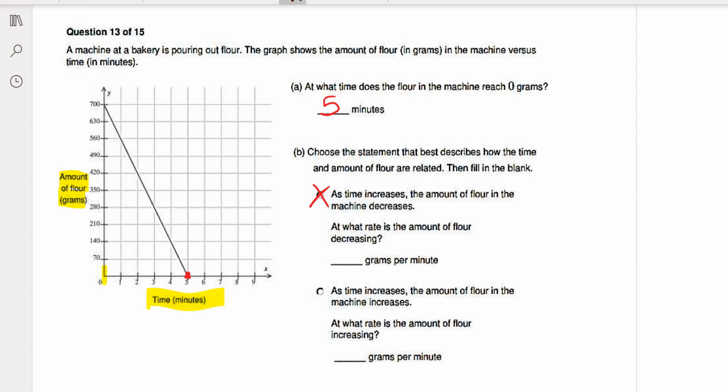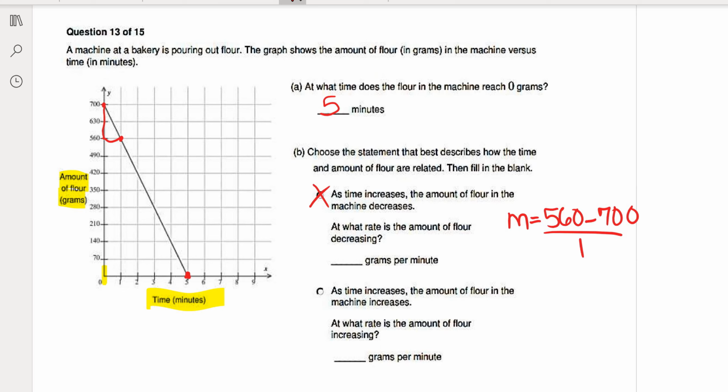Then they want to know what is the rate that it's decreasing. So that means they want to know the slope. This looks like if I go from this number, 700, to when time was 1, I'm going down to 560, and I'm going to the right one. So my slope is going to be, sorry, we start with the first number. 560 minus 700, and that's over 1.